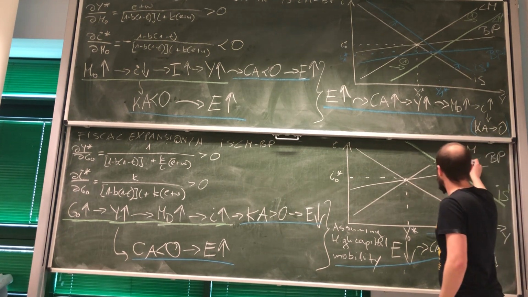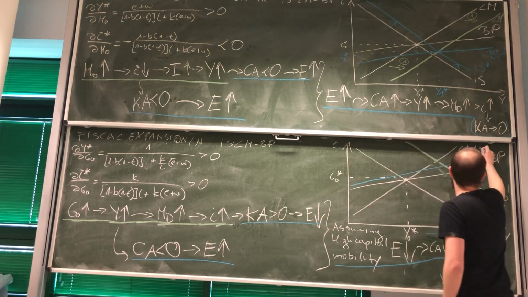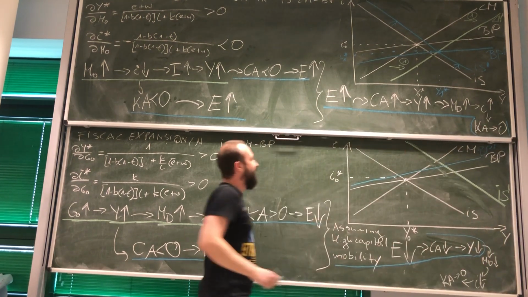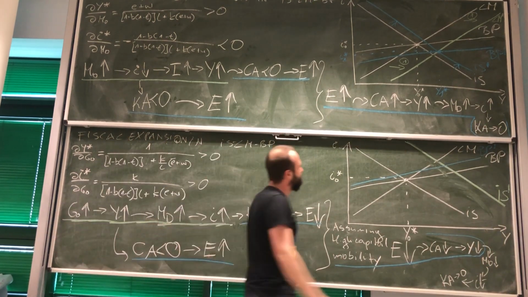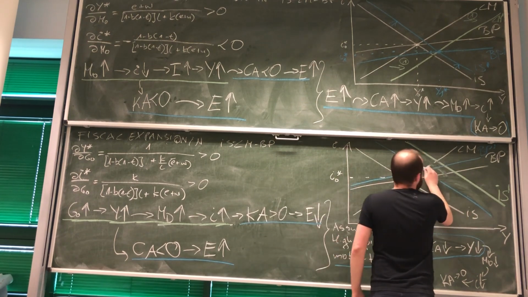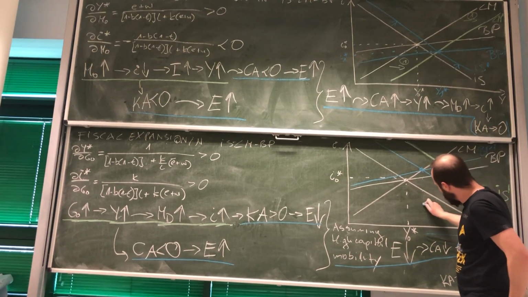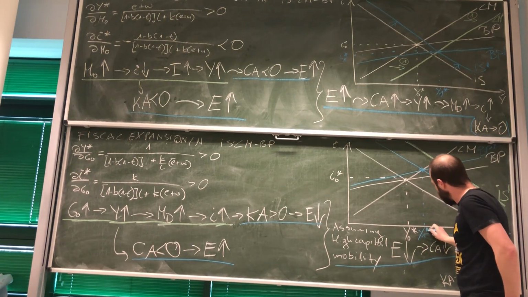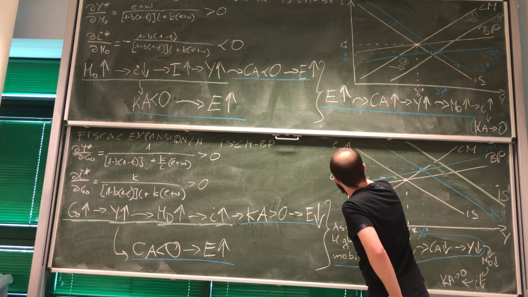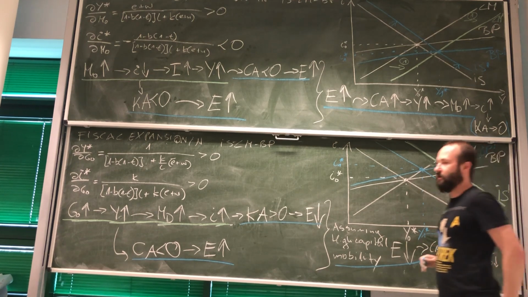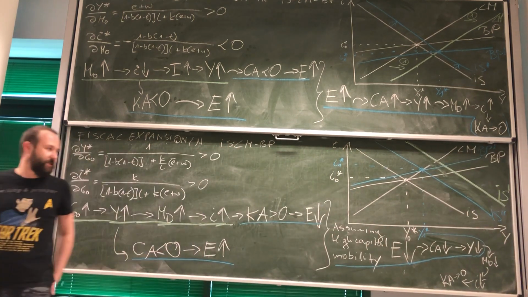Well, BP moves up every time when our currency depreciates, and because our current account worsens, IS shifts back. So what we see over here is that income has actually increased, but it increased by less than it would in closed economy.